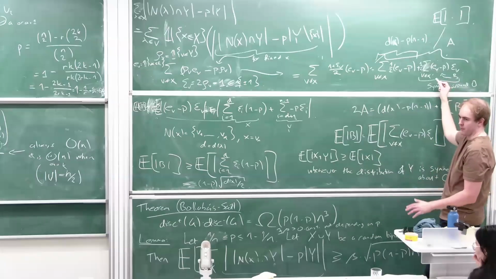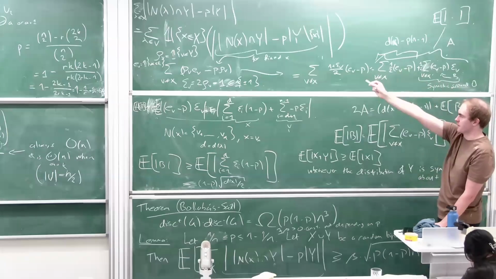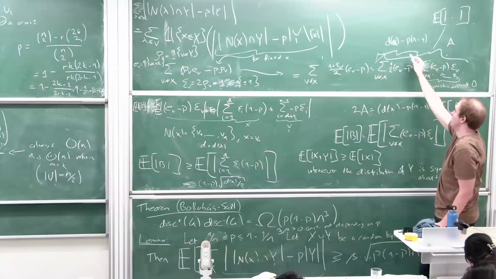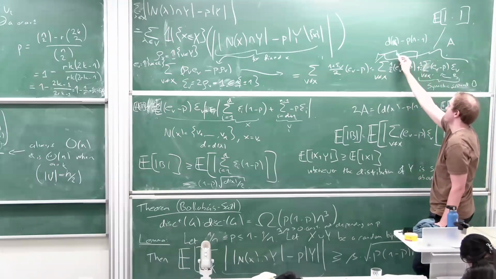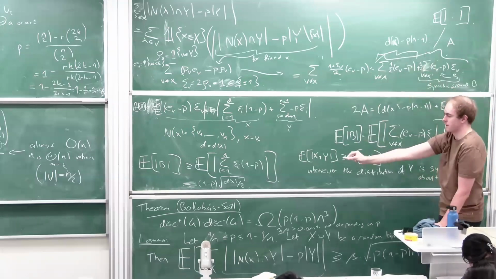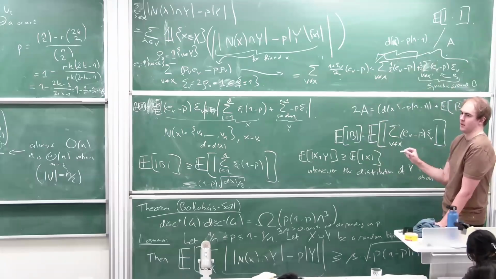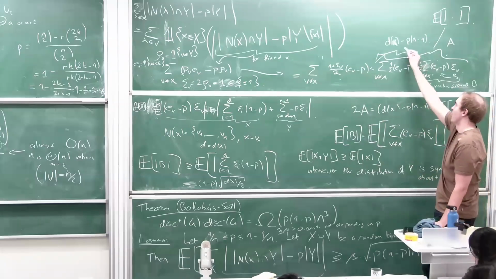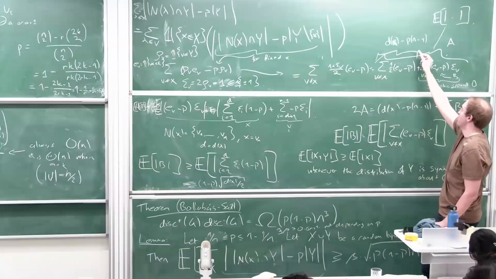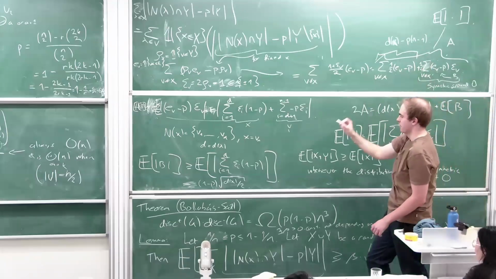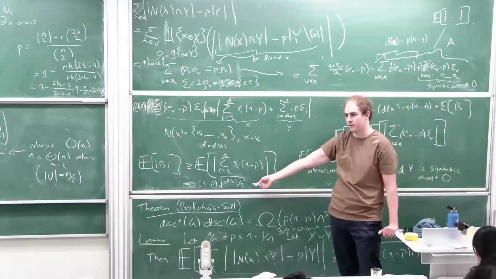So essentially what we conclude is that this expectation is at least the degree deviation plus something that grows proportionally to root D. And as long as p is at least 1 over n, and at most half, this is minimized exactly when every degree is around p times n, in which case this term is 0 or close to 0, and this term dominates.